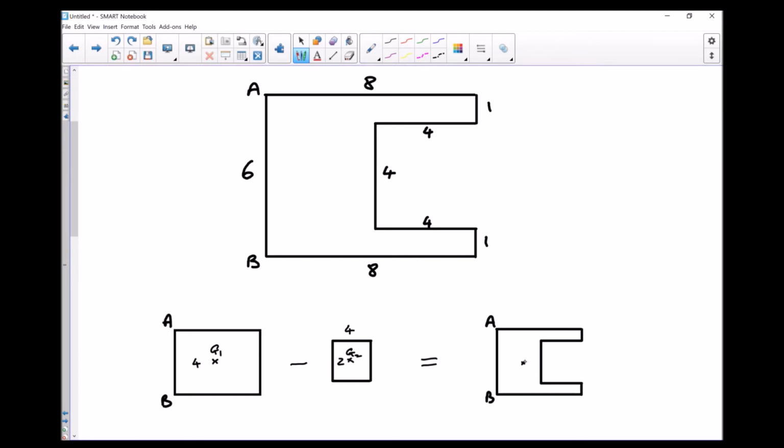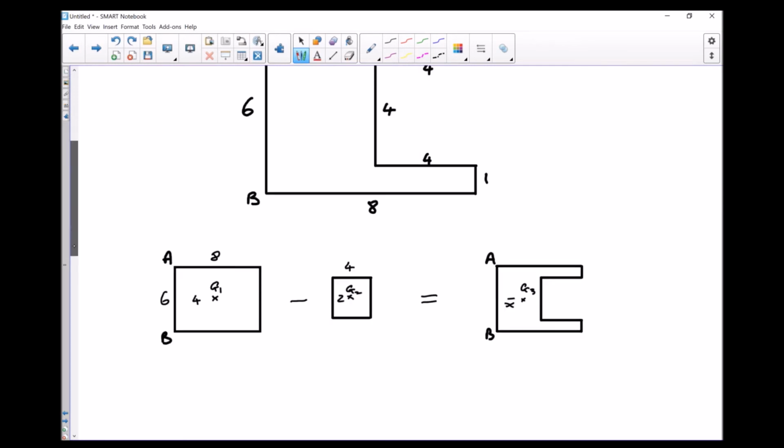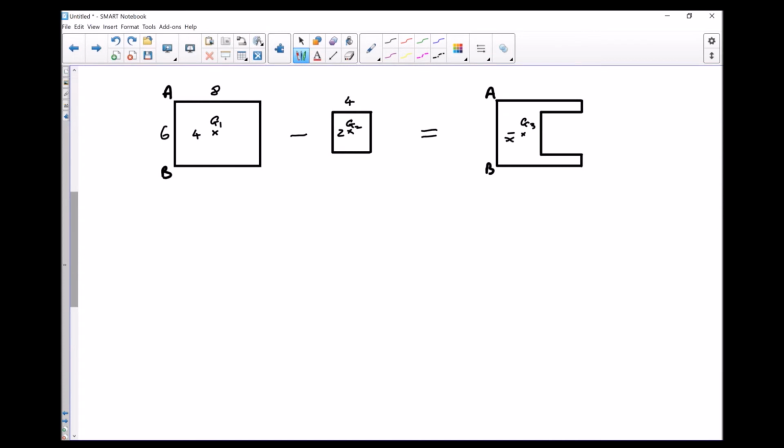The center of mass of the shape itself will be some distance x bar from AB. The center of mass must lie, of course, on the line of symmetry. So we're only interested in where is the x coordinate. That is, of course, 8 by 6. So let's take that down, and now we should be quite used to finding centers of mass.